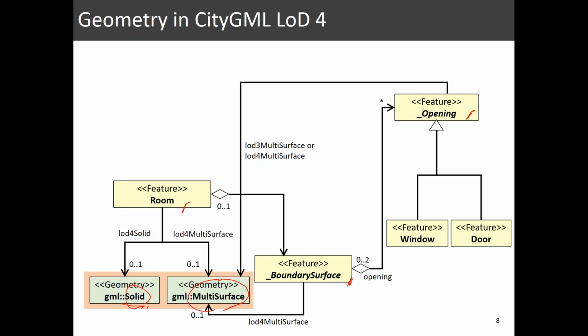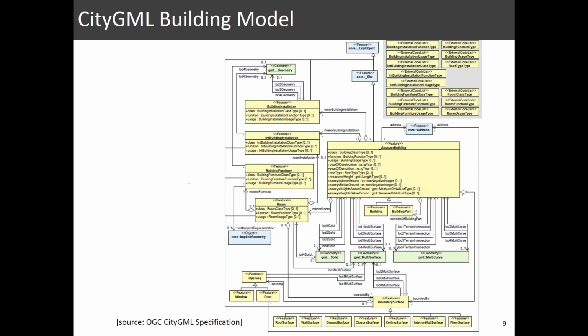And for boundary surface, you can define the geometry using the multi-surface. And very similarly, for opening, you can define it using multi-surface as well. Because window and door are the subclasses of opening, the geometry of window and doors are multi-surface. These are the geometry. So using this concept, you can define the geometry. And for the attribute, there are several attributes for each feature type, but I will not explain it.